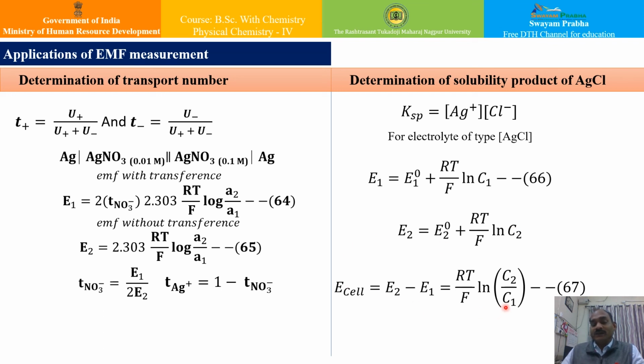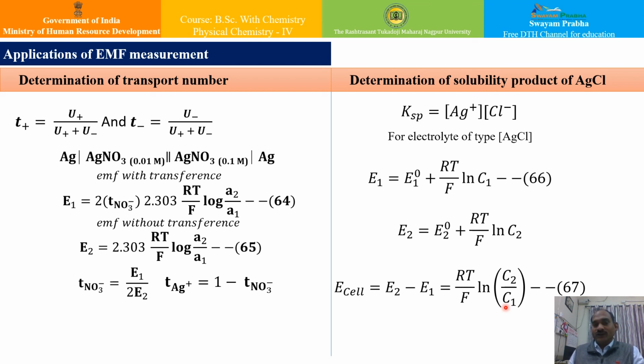Basically, we have seen in the precipitation titration that the ion concentration at the equivalence point is determined by the solubility product of the sparingly soluble salt, which is formed during the titration. Now, in this type of titration, silver nitrate solution is taken in both the cells, and two silver electrodes are dipped into the solutions.